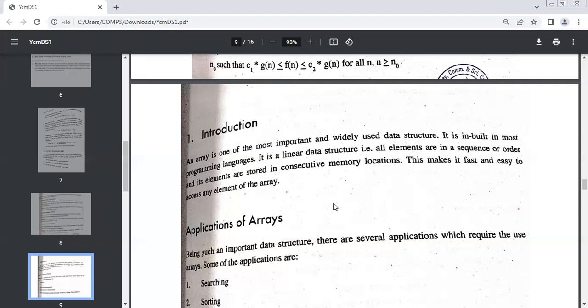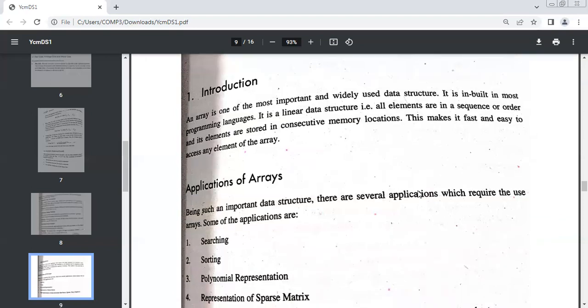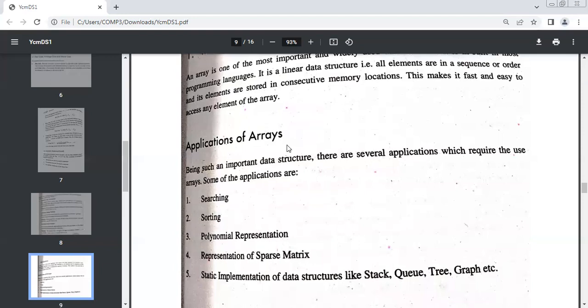This indicates there is an array whose name is n, which stores 10 elements, and these 10 elements are stored in memory consecutively, one after another. Okay, those elements will be stored in consecutive blocks in memory. OK, so application areas of arrays.